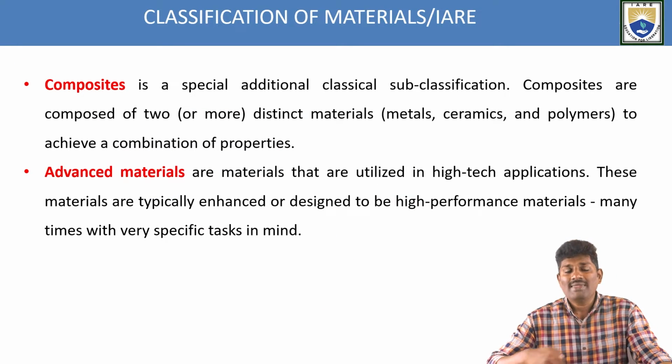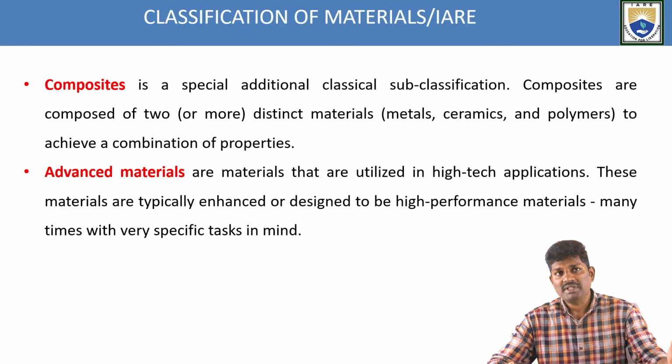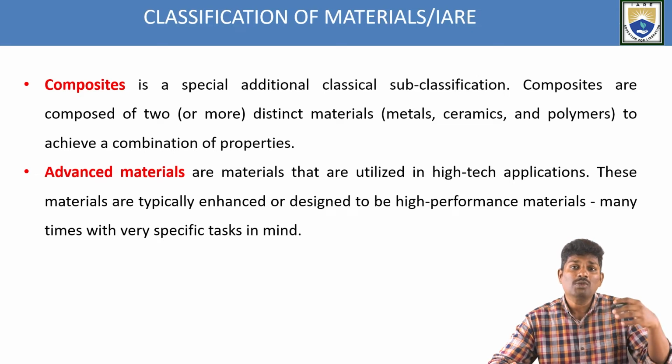Coming to other advancements in materials, apart from the three main types, that is metals, polymers, and ceramics, we have advancements based upon new technology. The next category is composite material. So what is a composite? It is a special additional classification of materials composed of two or more materials.